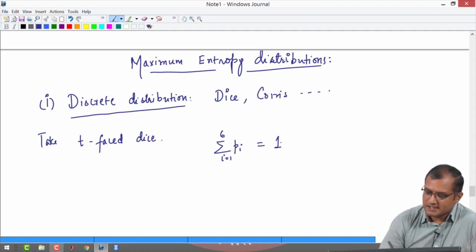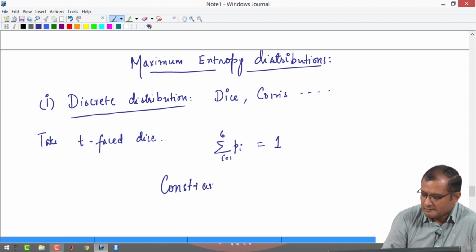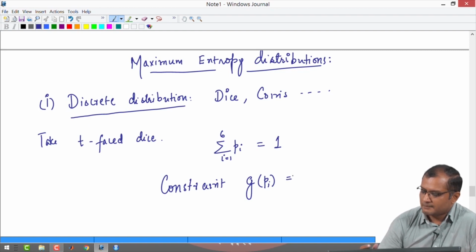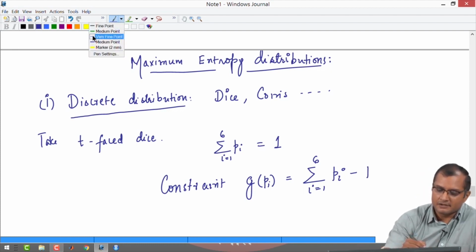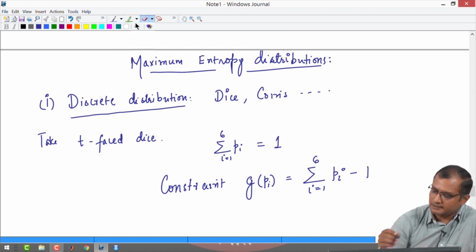Okay. So, in some sense you have a constraint here, I call it G of P I, in fact simply summation I going from 1 to 6 P I minus 1, right. So, we have a T phase die, so we are generalizing it, correct.